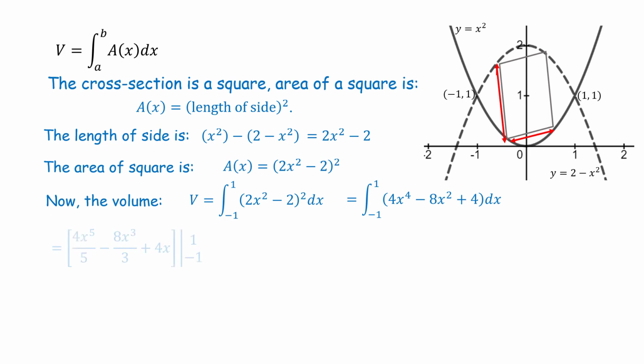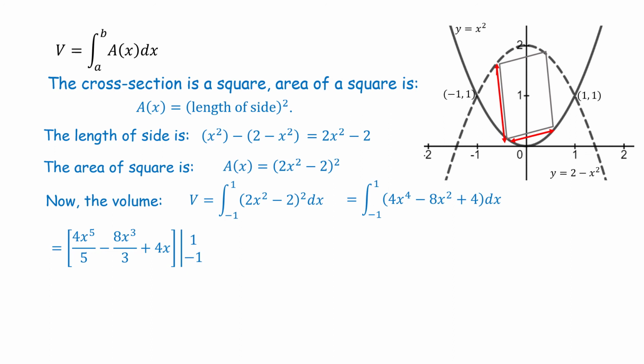And the integral is 4/5 x to the 5th minus 8/3 x cubed plus 4x, and we evaluate that from -1 to 1.